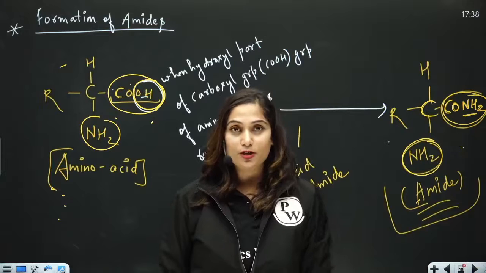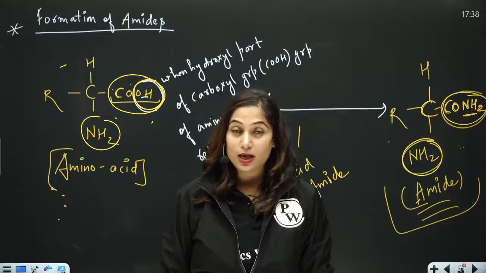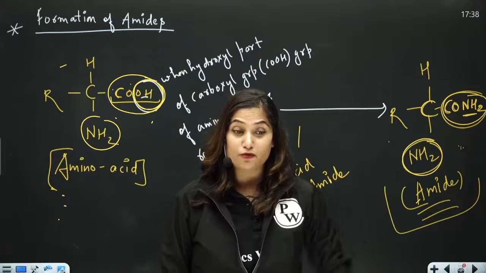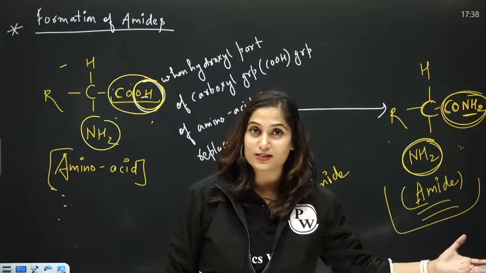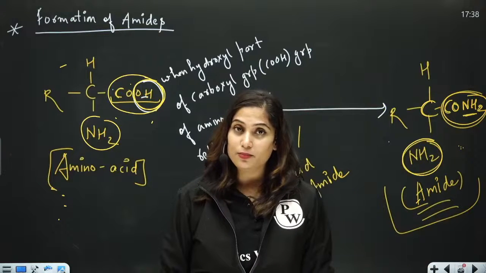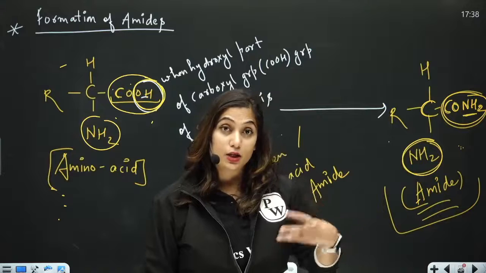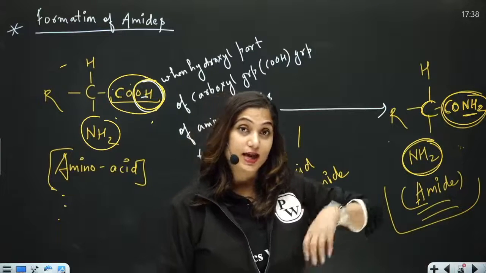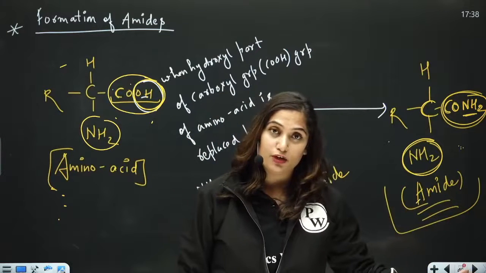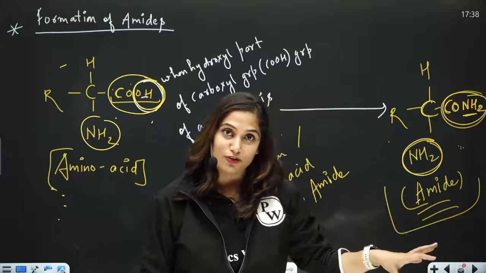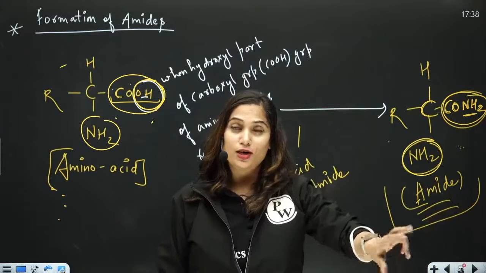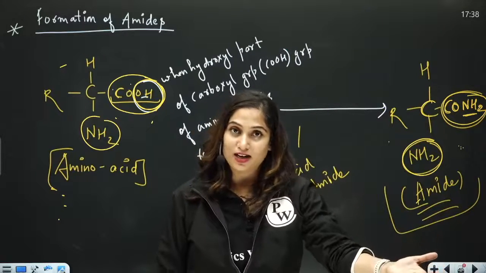And the primary amino acid of plant is glutamate. With the help of glutamate, the plant forms other types of amino acids by the process of transamination, where the glutamic acid donates its NH2 group to another keto acid, and that keto acid gets converted into another amino acid like aspartate.